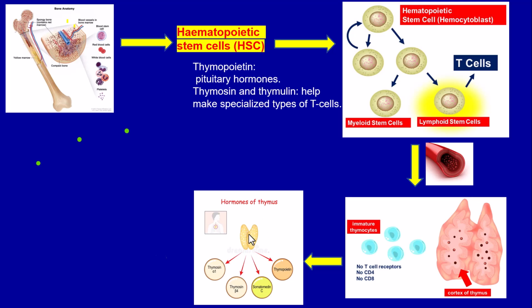These hormones are thymosin alpha, thymosin beta 4, somatomedin C, and thymopoietin. So these four hormones cause maturation of these immature cells, and these hormones are produced by the thymus cells.